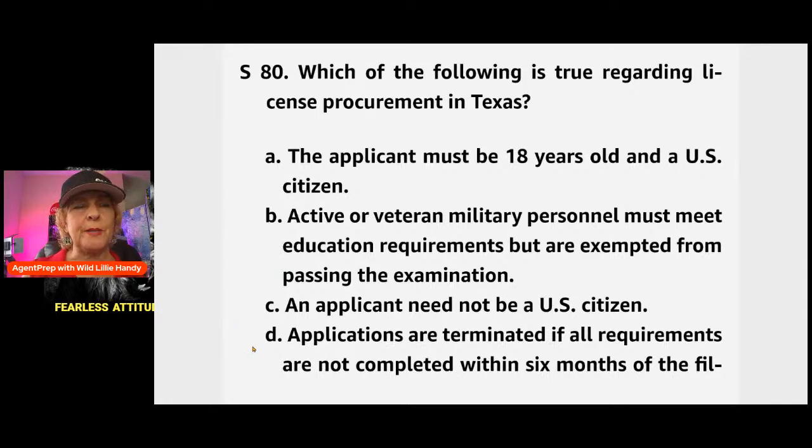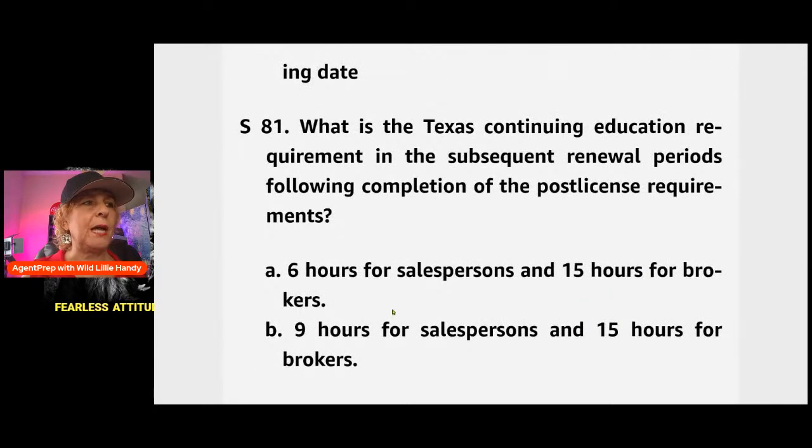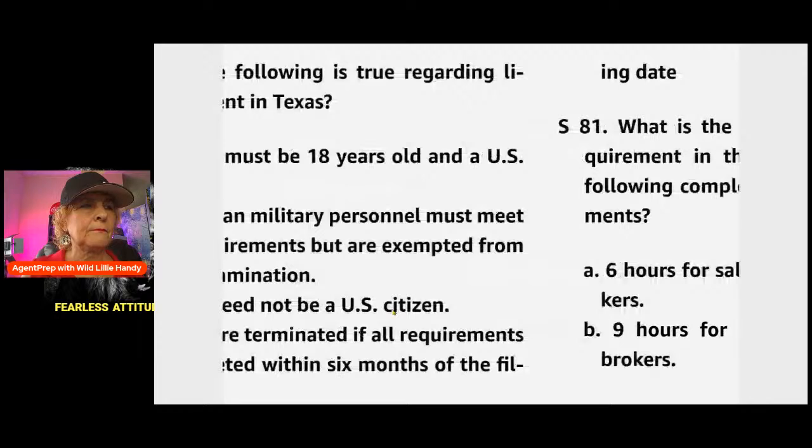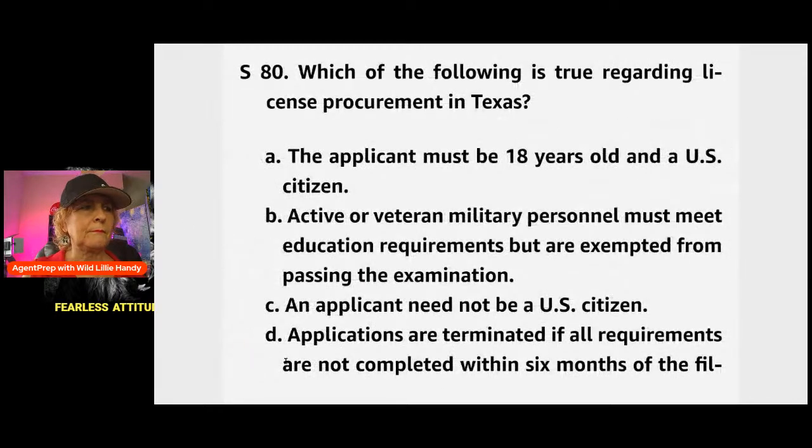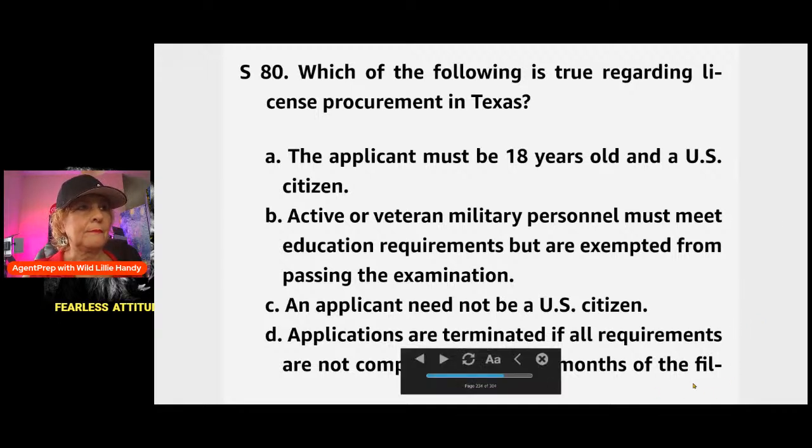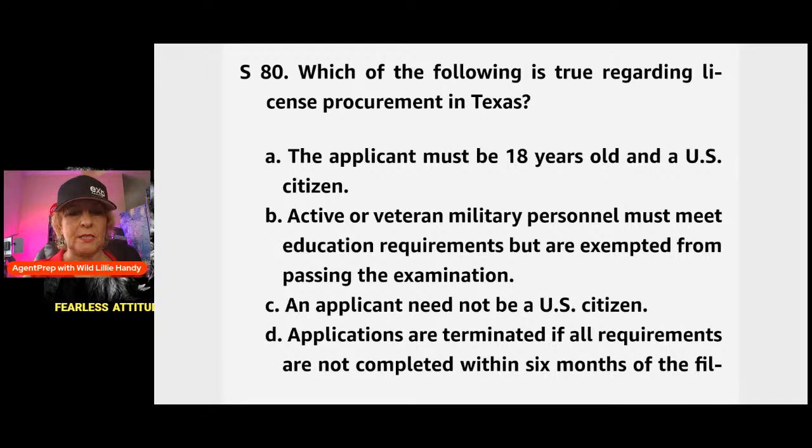D, applications are terminated if all requirements are not completed within 6 months of the filing date. So which one is true? We actually have 12 months, right? So it's not D. And we do have to be citizens. So 80 A, the applicant must be 18 years old and a U.S. citizen.